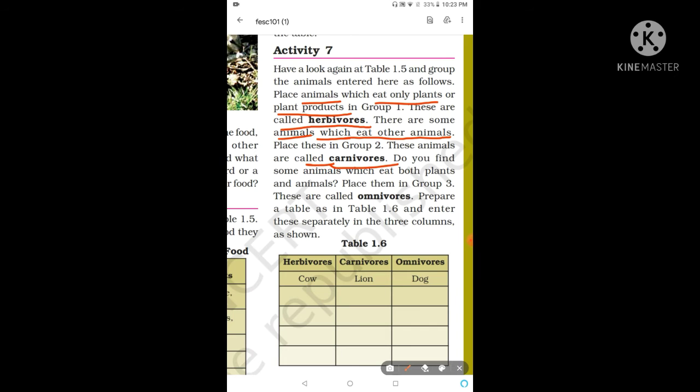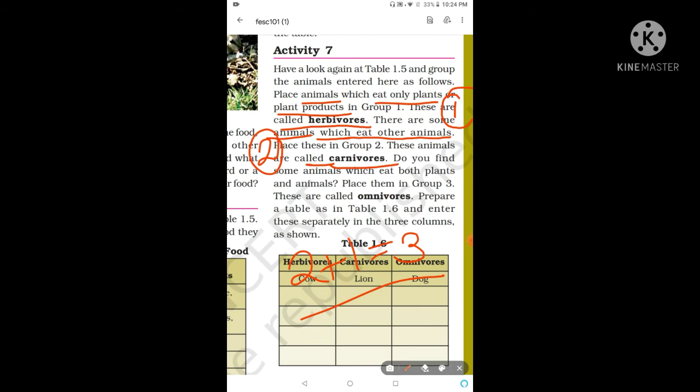Now in group 3, you will write the animals who eat both. First we talked about the plants. Now we have talked about the animals who eat other animals, like chicken you can take, right? अब हम थर्ड टेबल में इन दोनों को प्लस कर देंगे, मीन्स 2 + 1 = 3.